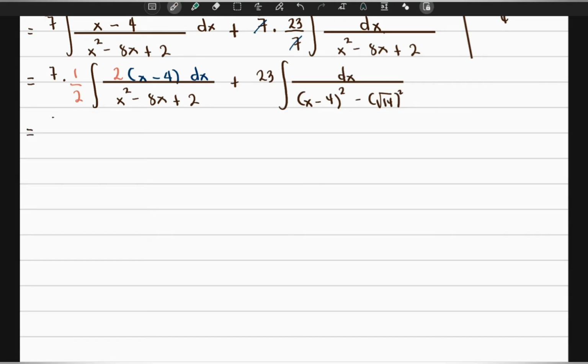Okay. So, mag-integrate na tayo, 7 over 2 ln of the absolute value of x squared minus 8x plus 2. And then, plus 23 times yung, ano yung formula doon? 1 over 2a. Okay, yung a natin ay square root of 14. Pwede na tayong mag-rationalize na dito.